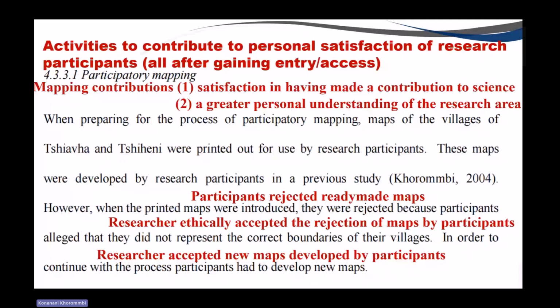Although those printed maps were developed by some of the participants in an earlier research in the very same setting, the new research team said, no, we cannot use those maps. In that way, they convinced the researcher or encouraged the researcher to stop using the printed maps. And the interaction resulted in the research teams winning.